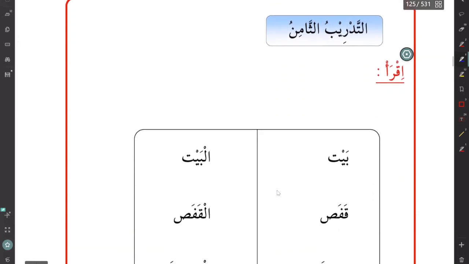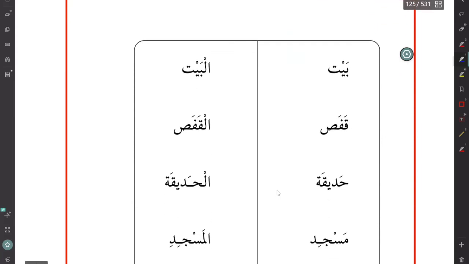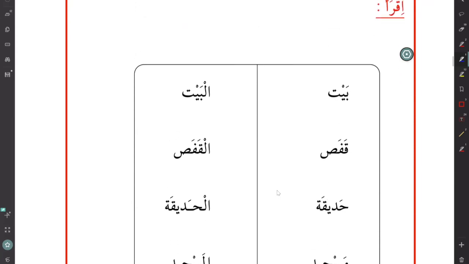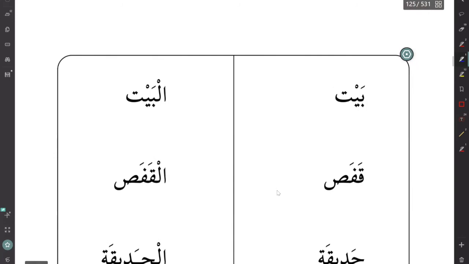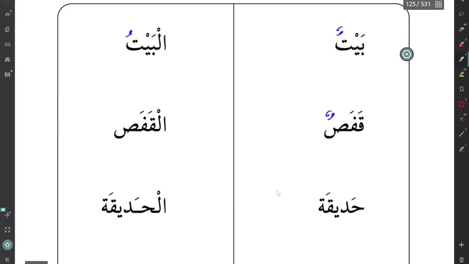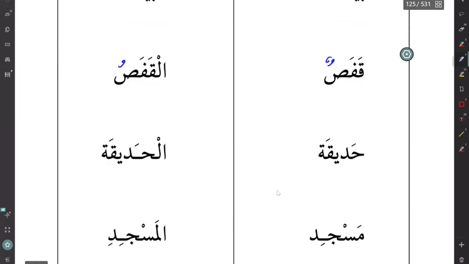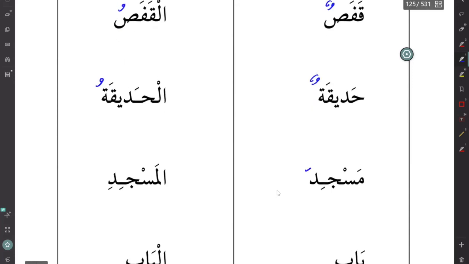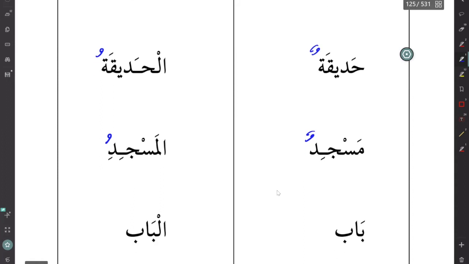Okay, so at-tadrib ath-thamin, the eighth exercise, iqra'. It's asking to read. So when you read this, I think they want you to pay attention to the ending. So you say baytun, you say al-baytu. Qafasun, you say al-qafasu. Hadiqatun, al-hadiqatu. You cannot say al-hadiqatun. So that's never going to work in the Arabic language. Hadiqatun, al-hadiqatu. Masjidun, al-masjidu. It could be otherwise, but the context is not there.